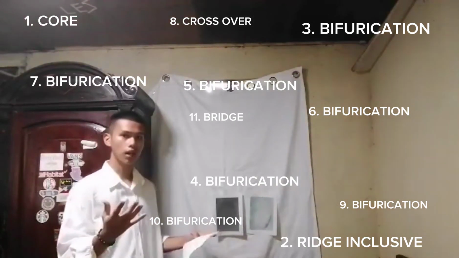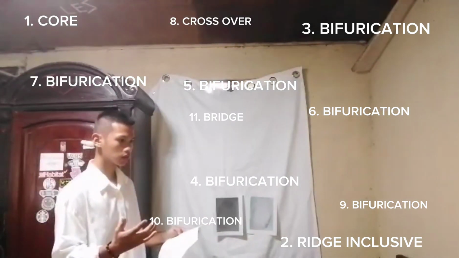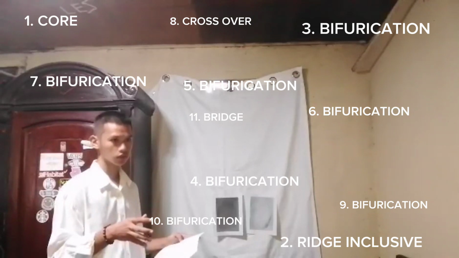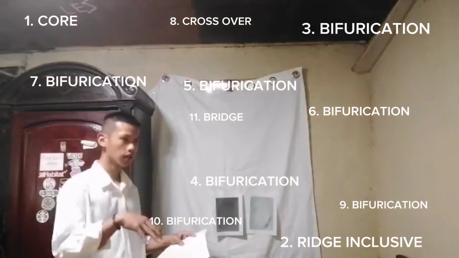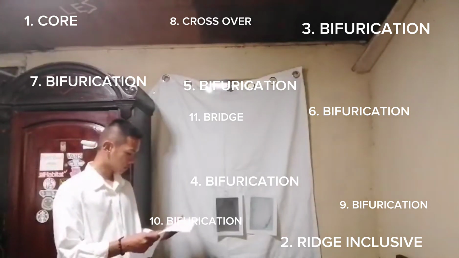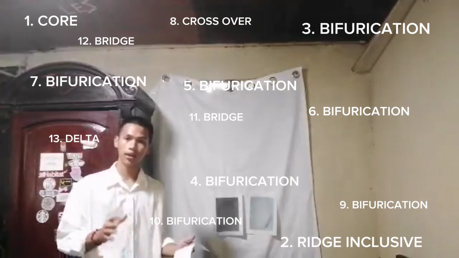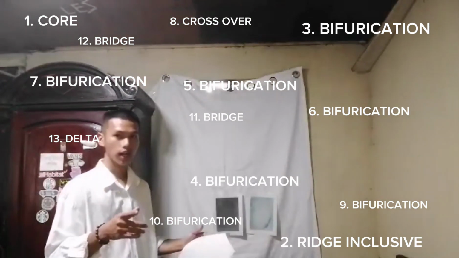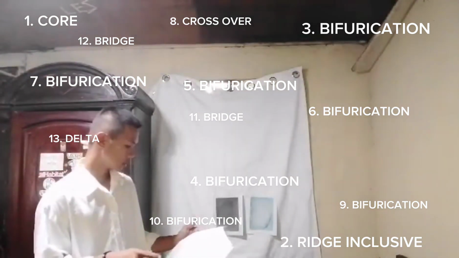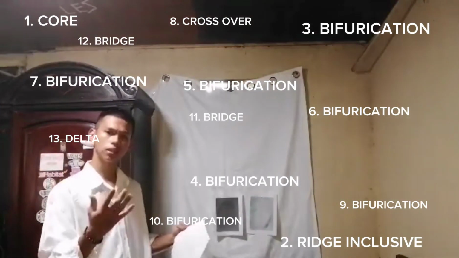Like a bridge in a place where you walk in and under the lake. That's the bridge. And then bridge enclosing again, and delta. Delta is the nearest to the center. This is the delta, like an island.